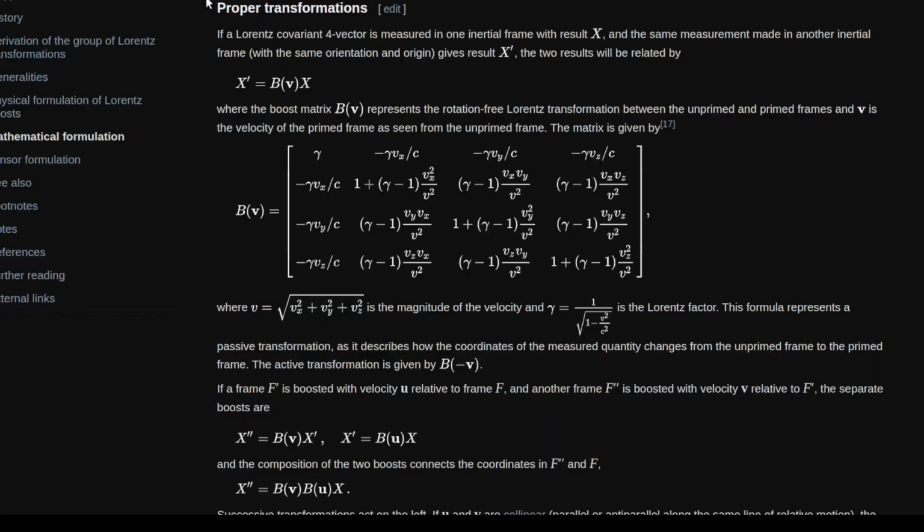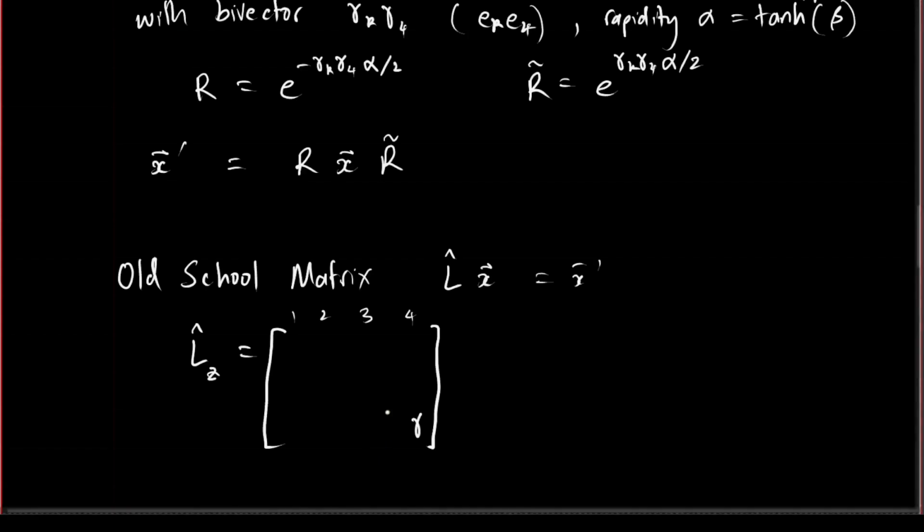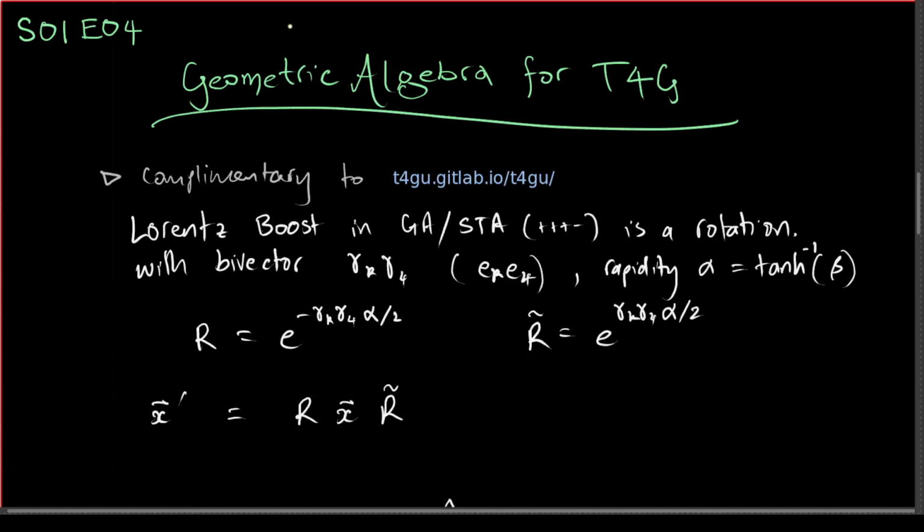I think it's gamma down the diagonal, and negative gamma times beta. A negative gamma beta and a negative gamma beta and a gamma on the diagonal here, and oh geez, so this is the pain, right?